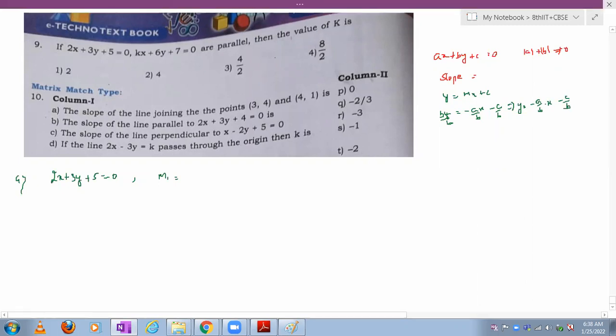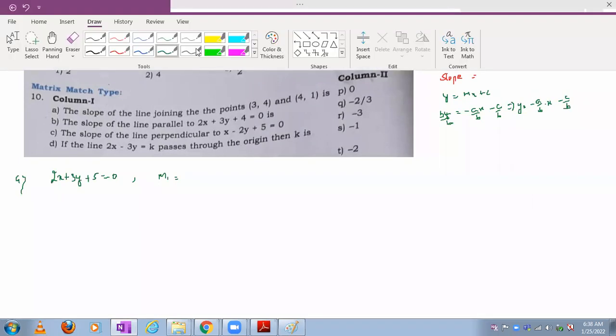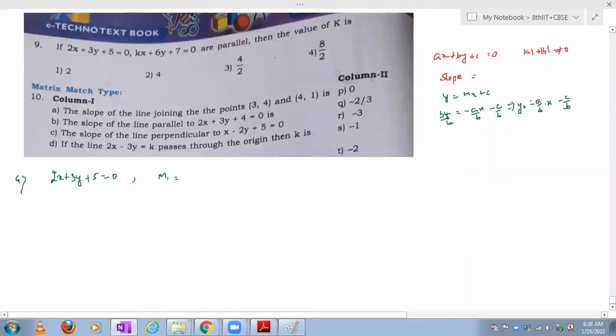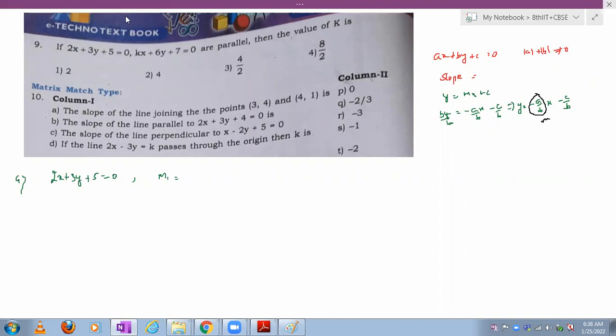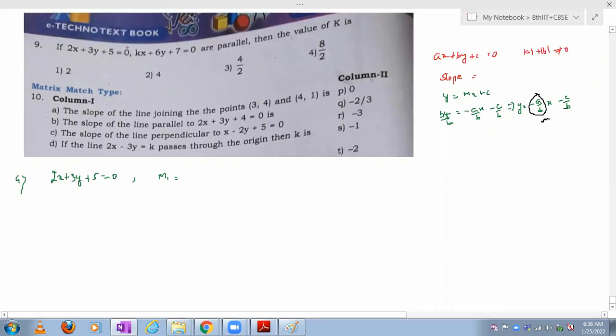Here the slope is there. This is the slope m. So the slope of the line is minus a by b. Got it?